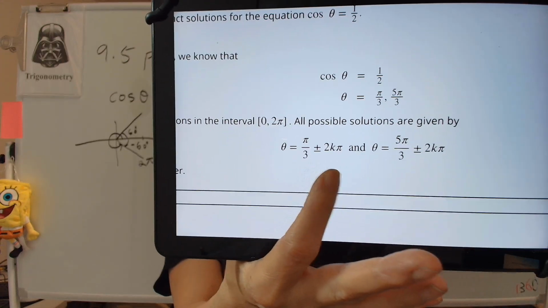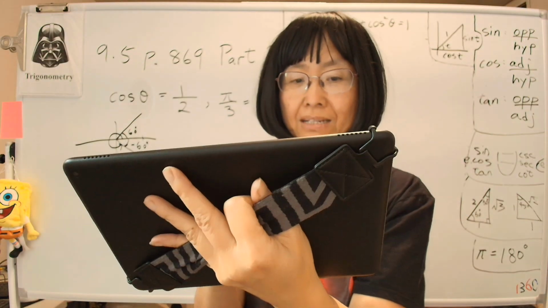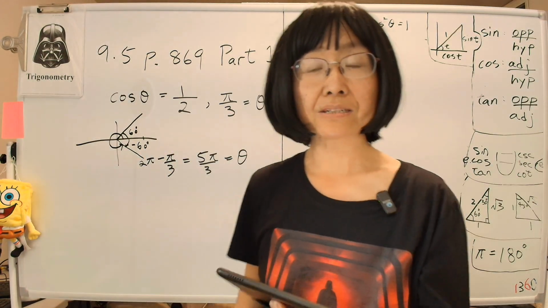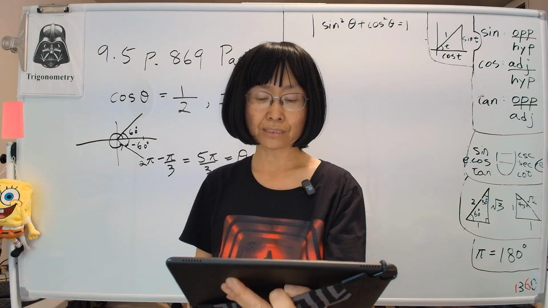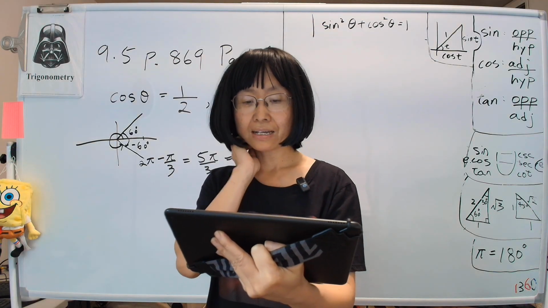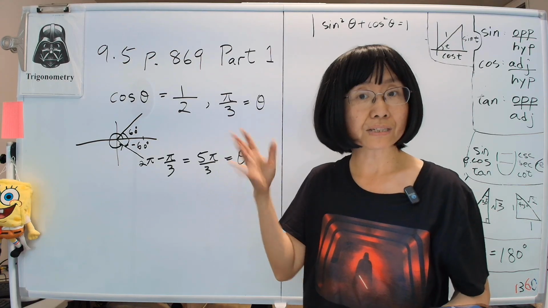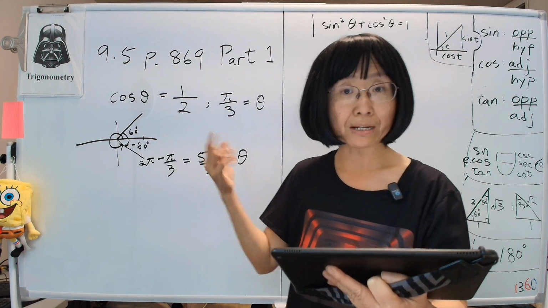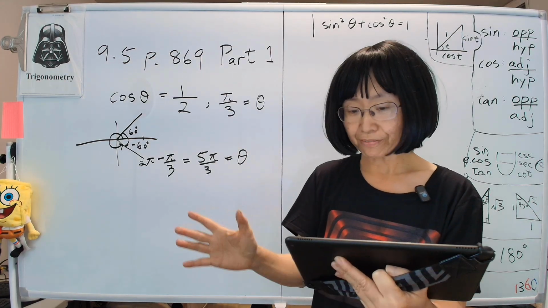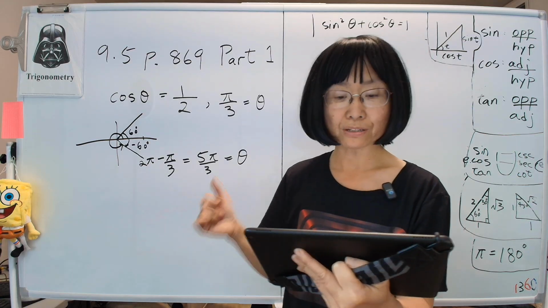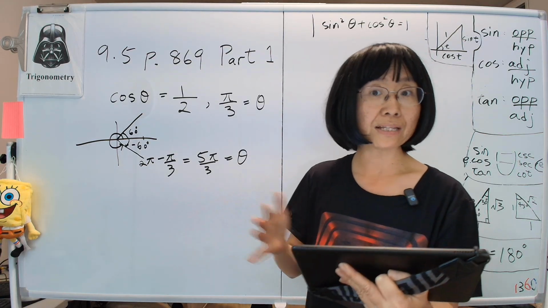And what is k? k is any number that is an integer. So k can be 1, 2, 3, 5,000, 5 million, 50 billion, whatever. Those are all possible solutions, which means there's no end to solutions.